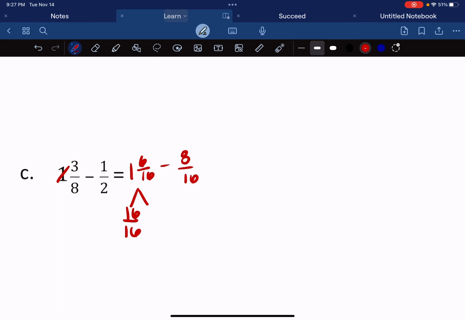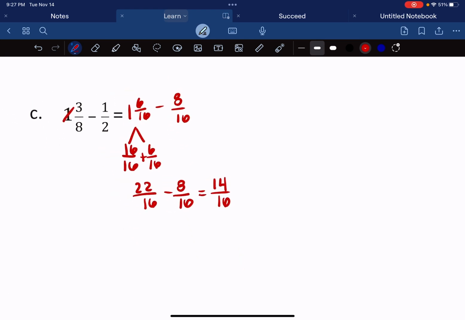So I have 16 over 16 plus 6 over 16. So I get 22 over 16 minus 8 over 16. So that will equal 14 over 16.